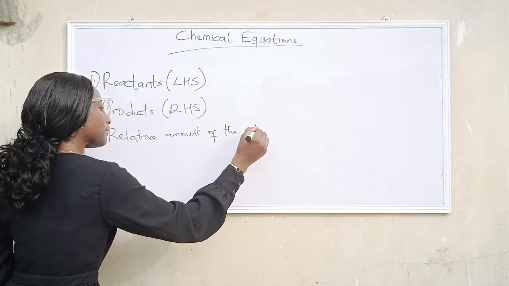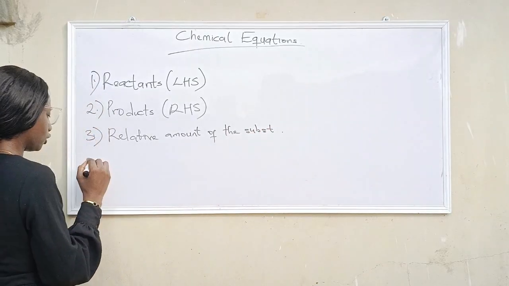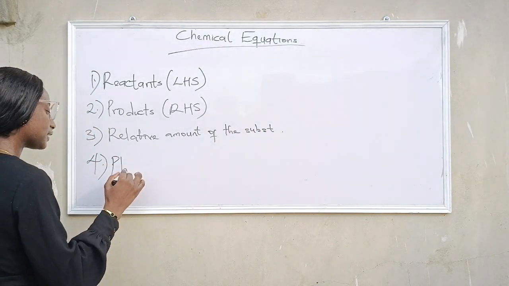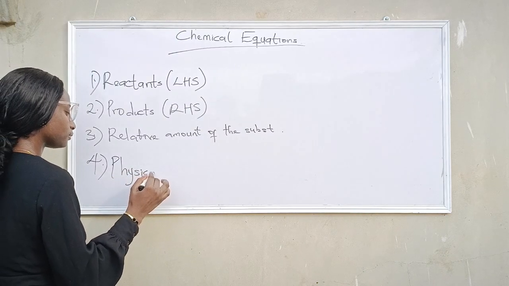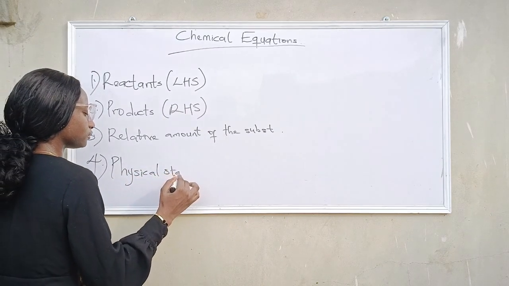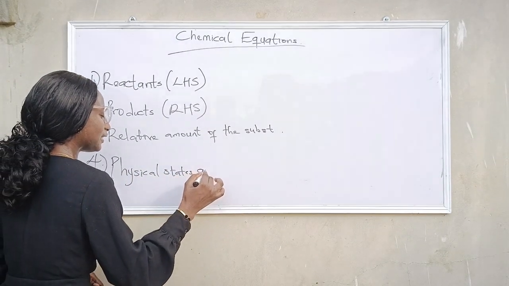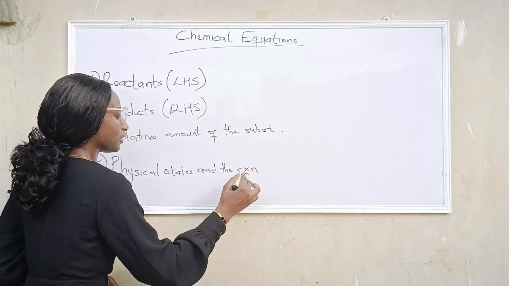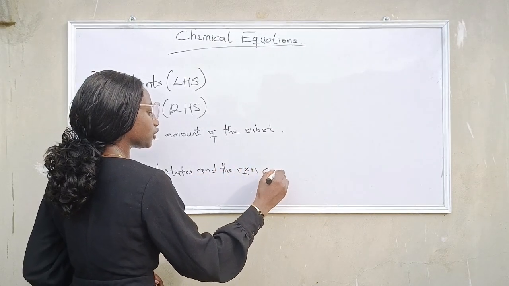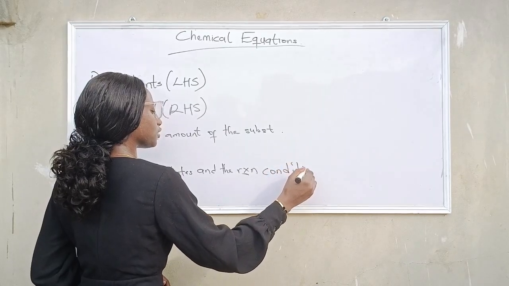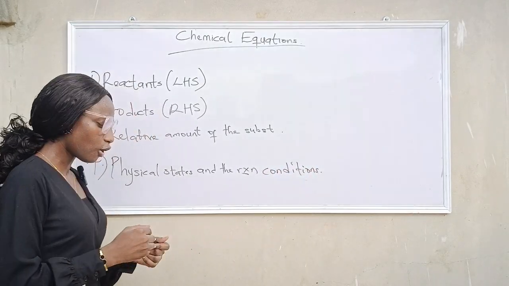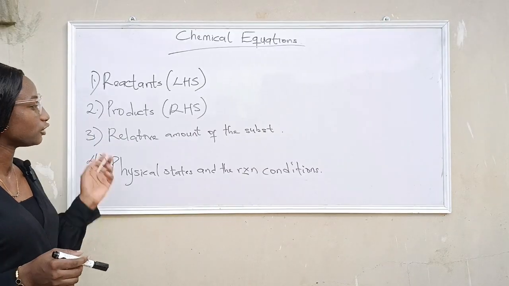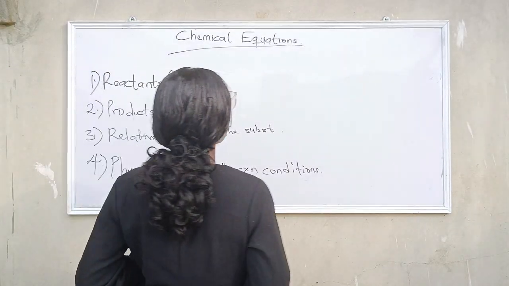So I'm going to shorten my substance. You can also sometimes tell the physical state and the reaction conditions. I'm going to write my reaction conditions like this.